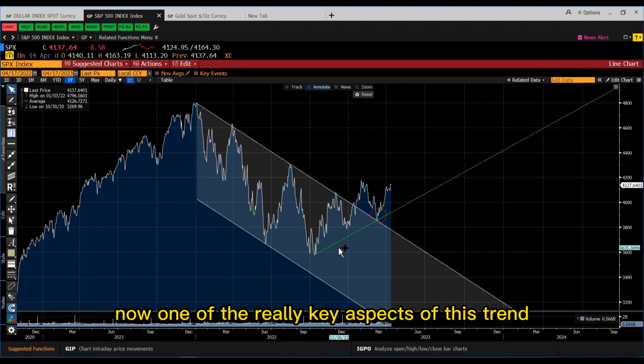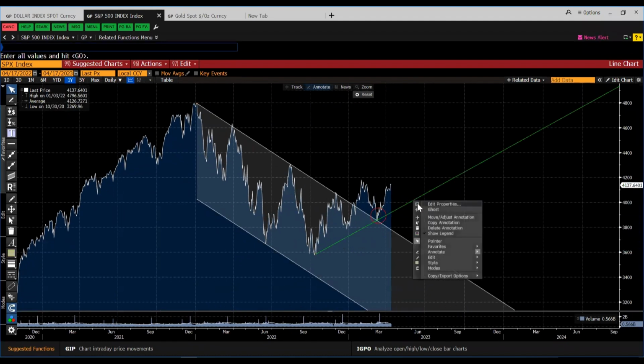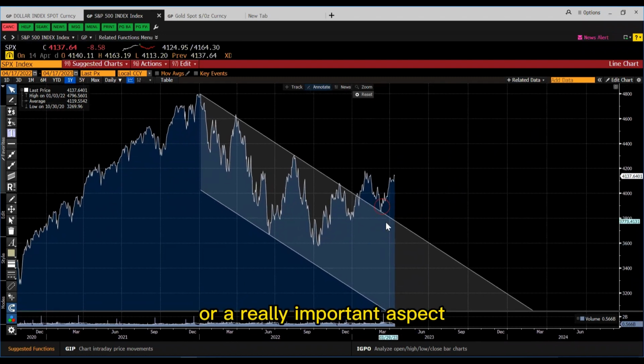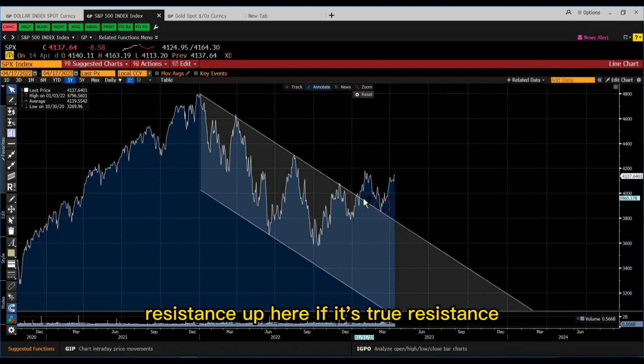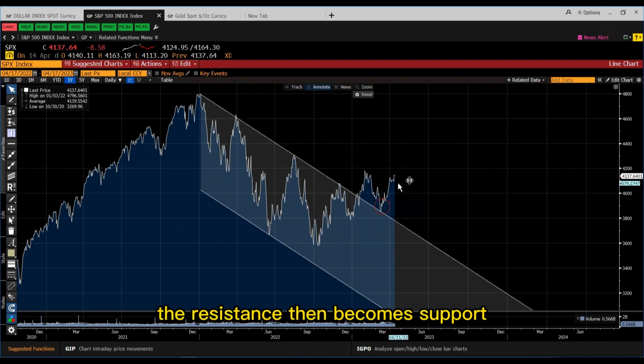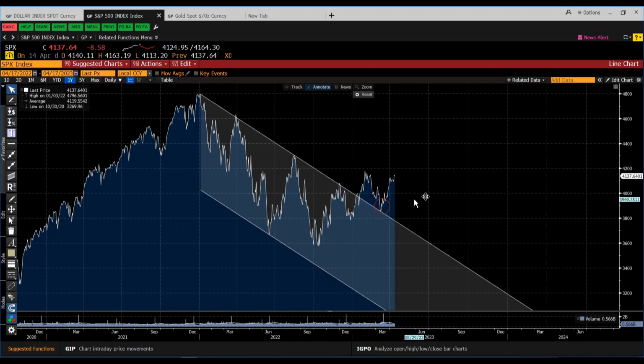Now, one of the really key aspects of this trend, which is really important, is if it's true resistance, the resistance then becomes support after the breakout.